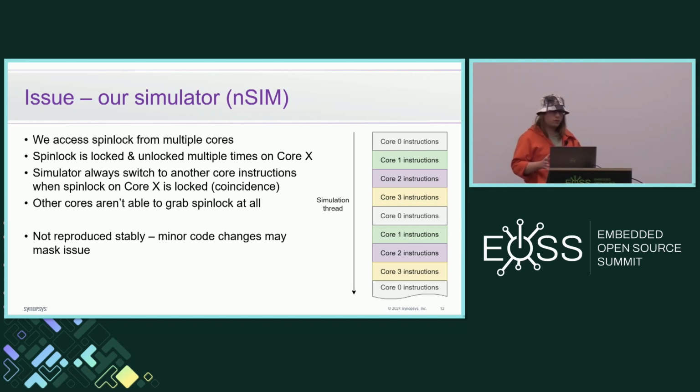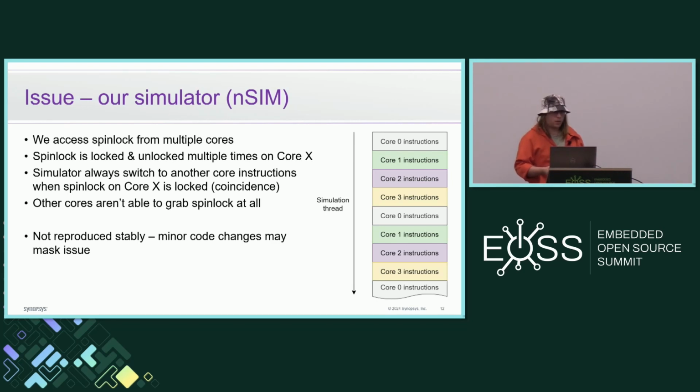But we were always switching to the next core's block of instructions when the spinlock was taken. It was just an unlucky coincidence: the test was executing stuff in a loop, and the size of this loop interfered with the instruction block size in the simulator itself. So other cores were not able to grab the spinlock at all.